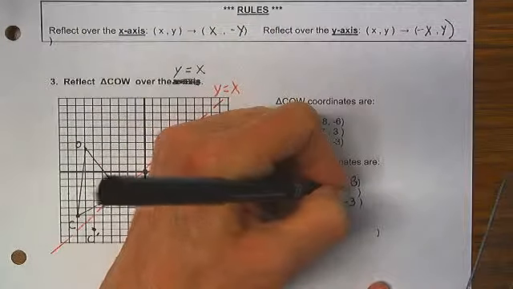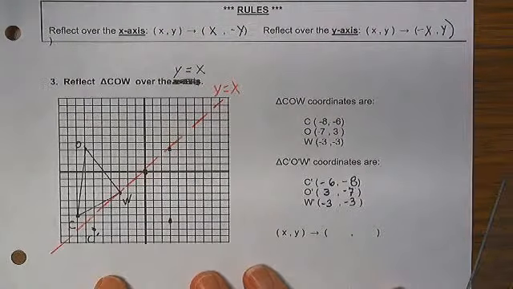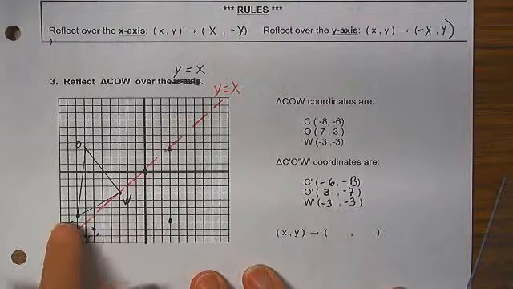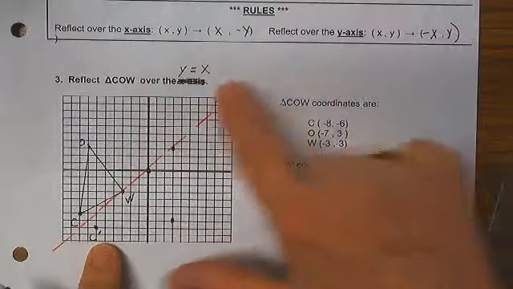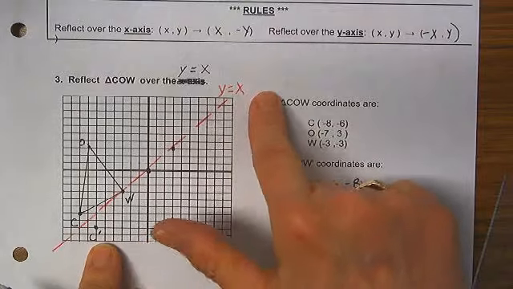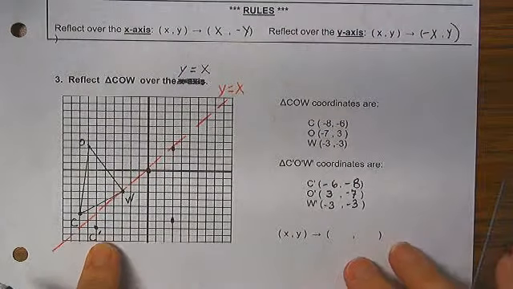Do you see what the rule was here? For this mapping, we changed x and y. That's the algebraic explanation.